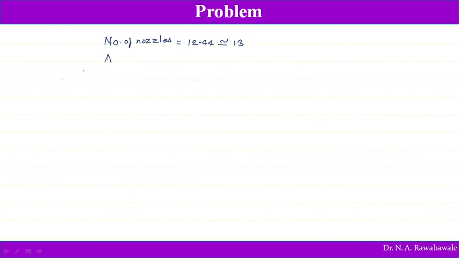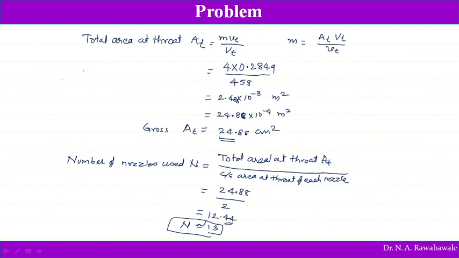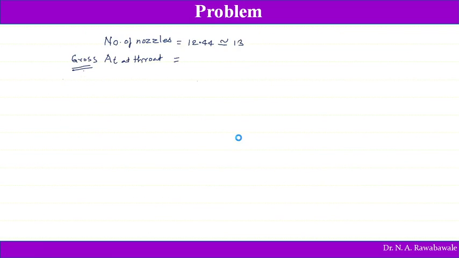Then area at throat. We are writing this as a gross area because the individual area is given, so gross area at throat is 24.88 centimeter square.